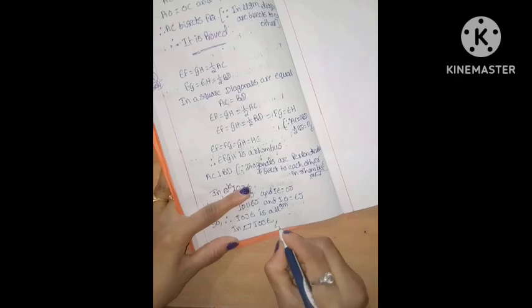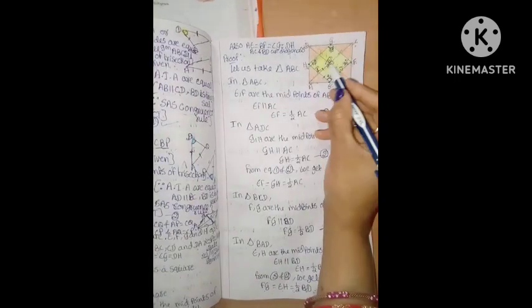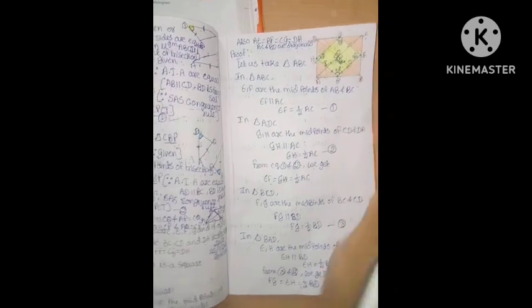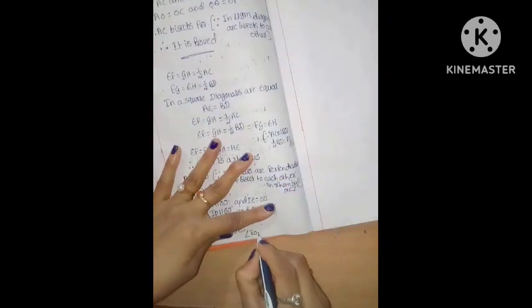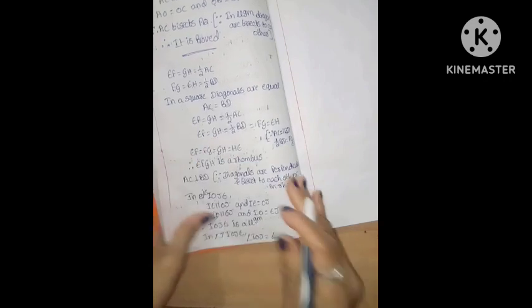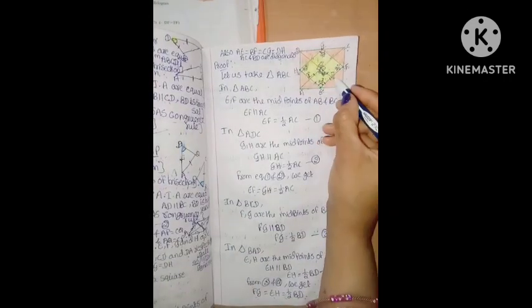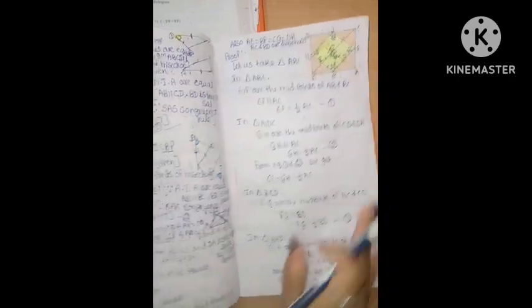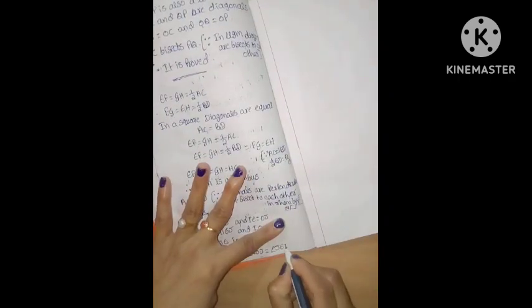What's the angle? Angle IOJ is equal to its opposite angle, angle JEI.